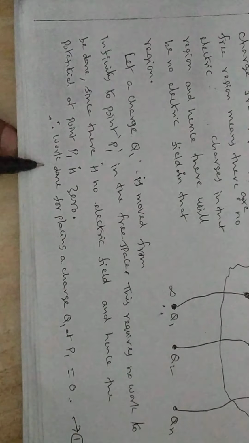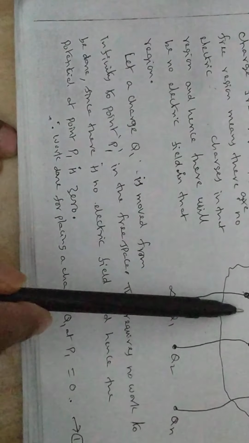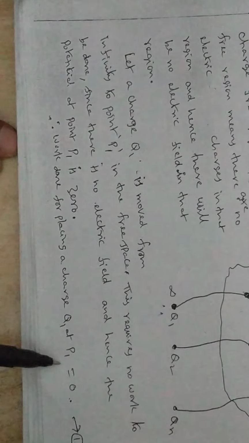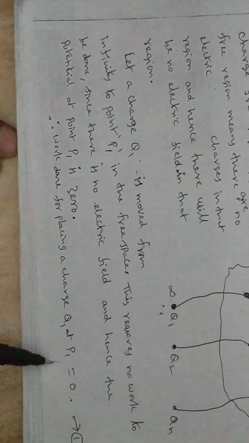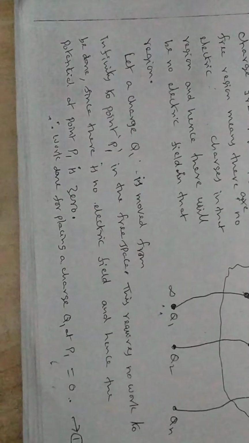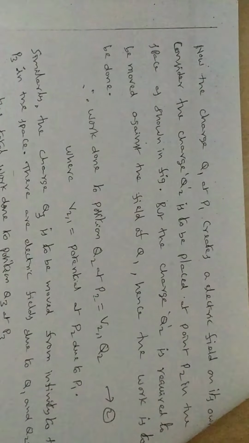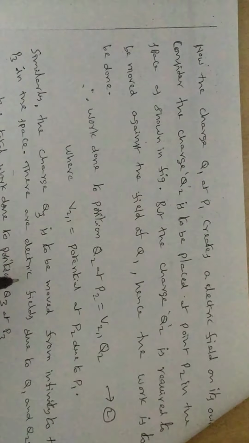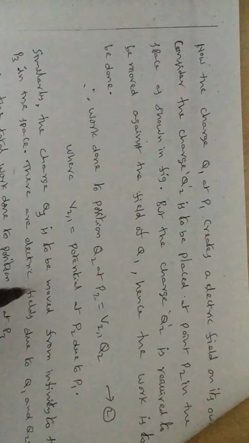So when the charge Q1 is moved to this free space, the work done by the charge Q1 at point P1 is 0. Next consider one more point charge, say Q2, which is outside the space now, and is moved to point P2 in that space.